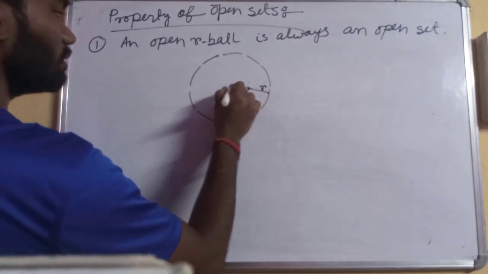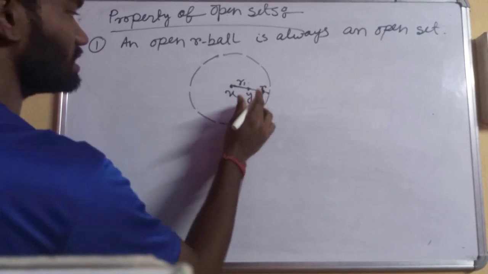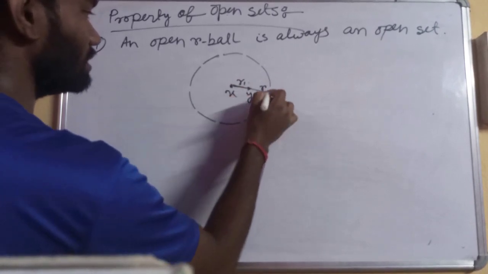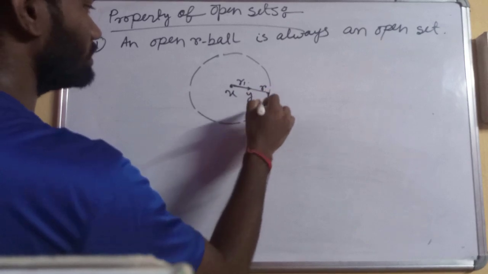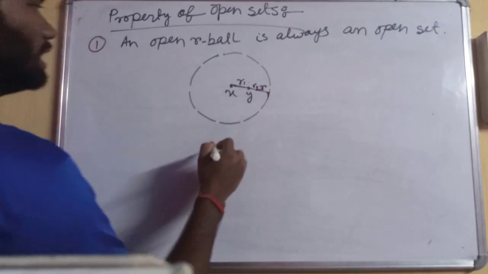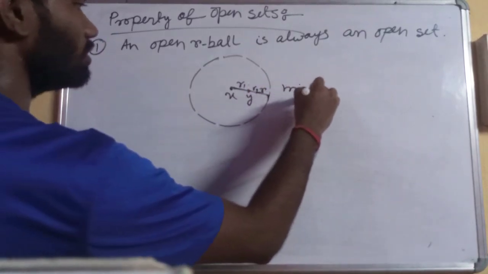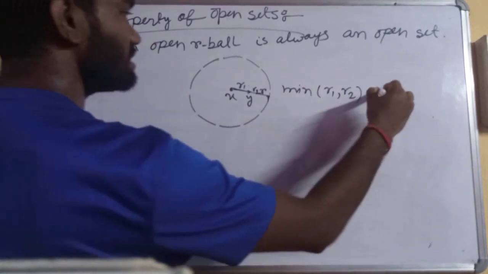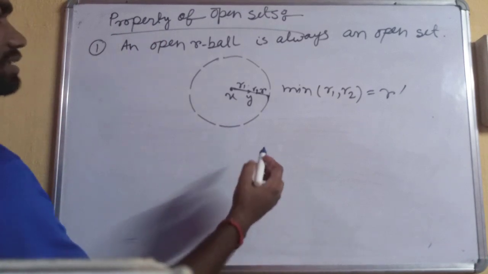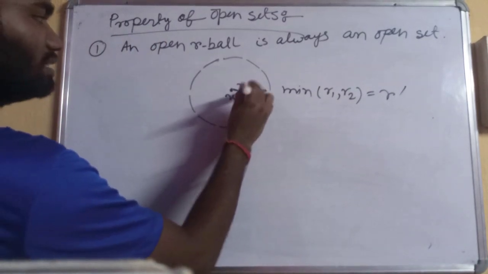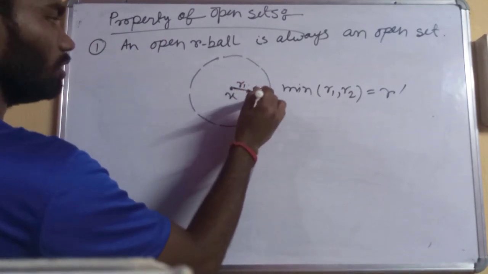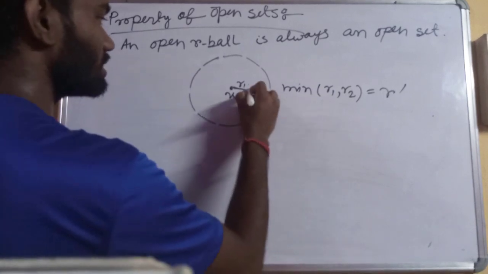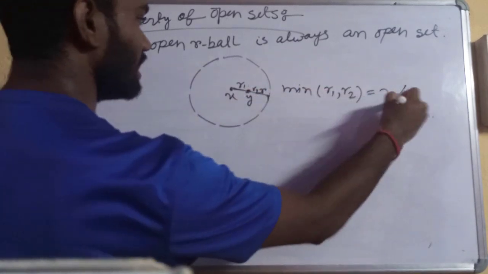Say the distance between x and y is r1 and the distance between y and the boundary is r2. Then take the minimum of r1 and r2 and rename it r dash. Then we can always find an open ball with center at y and radius r dash.